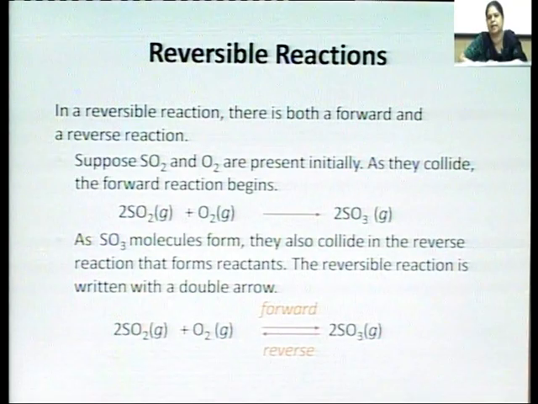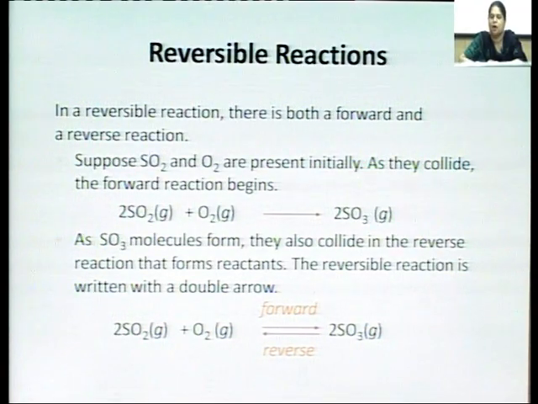In this slide you are observing two examples. The first one, in which a single arrow is used, depicts an irreversible reaction in which sulfur dioxide reacts with oxygen to give sulfur trioxide. When this reaction is carried out in an open container, an open system, the sulfur trioxide produced cannot give back sulfur dioxide and oxygen.